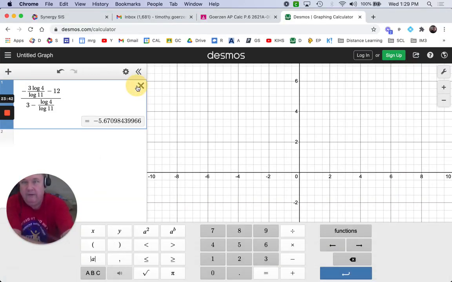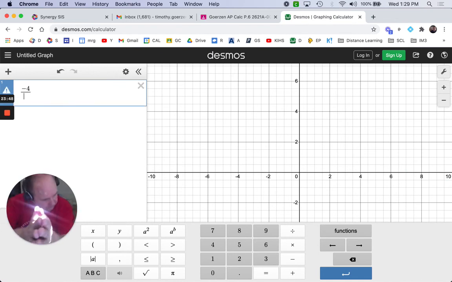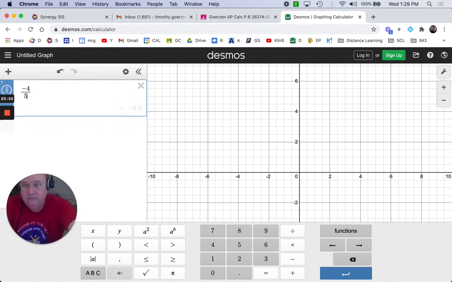So if I want to type that in, start with the divide sign. Negative 4, in the denominator is 5 plus 2. Oops, 5 plus 2 times log 9 divided by log 2.